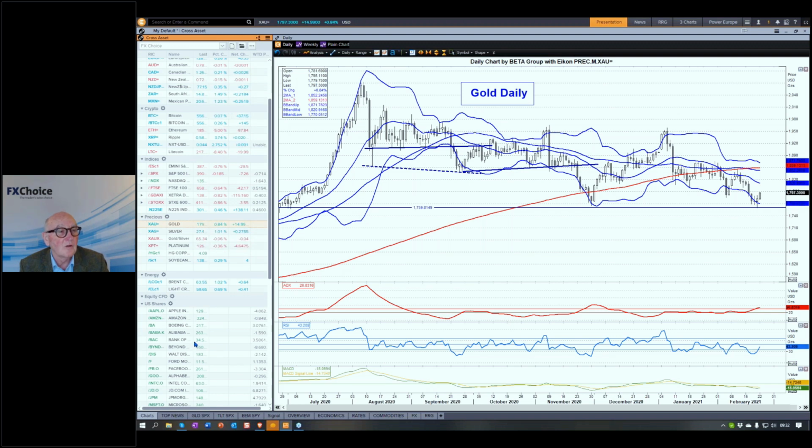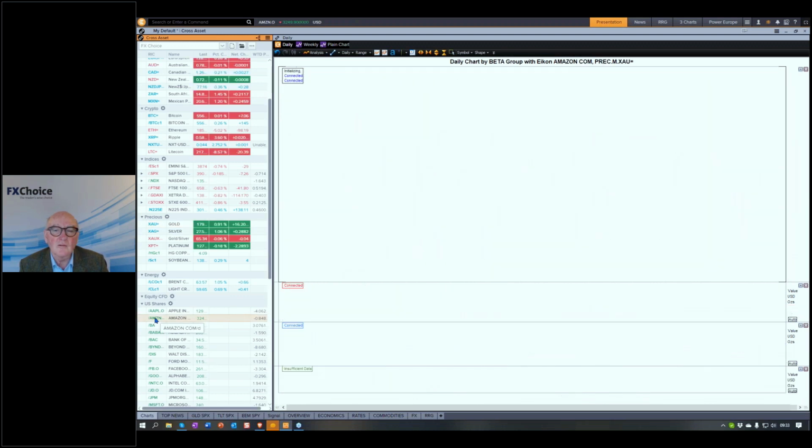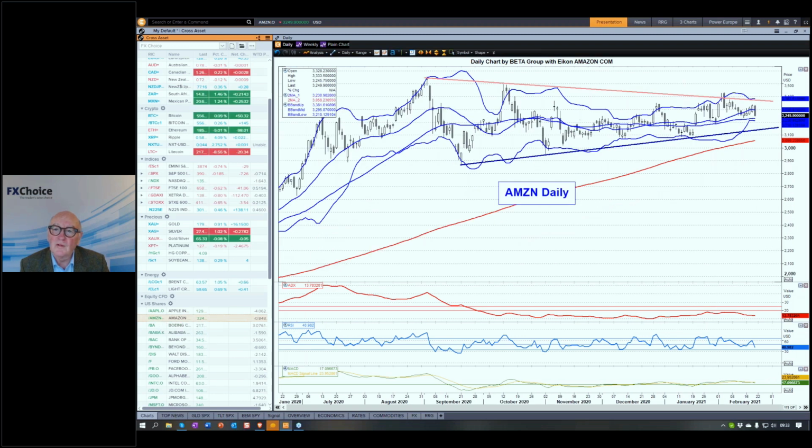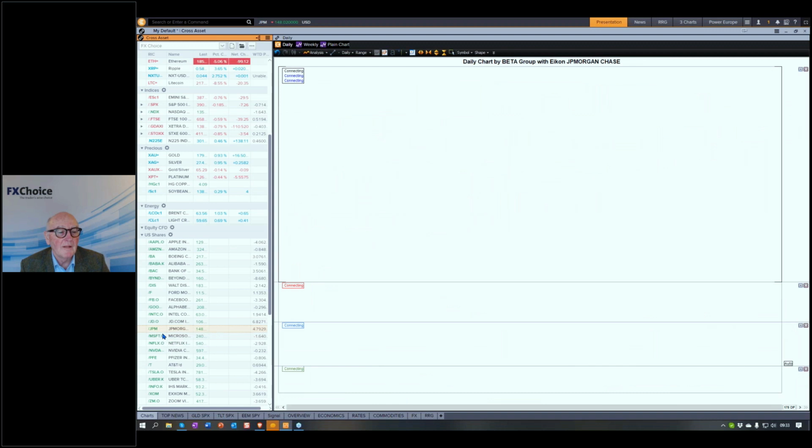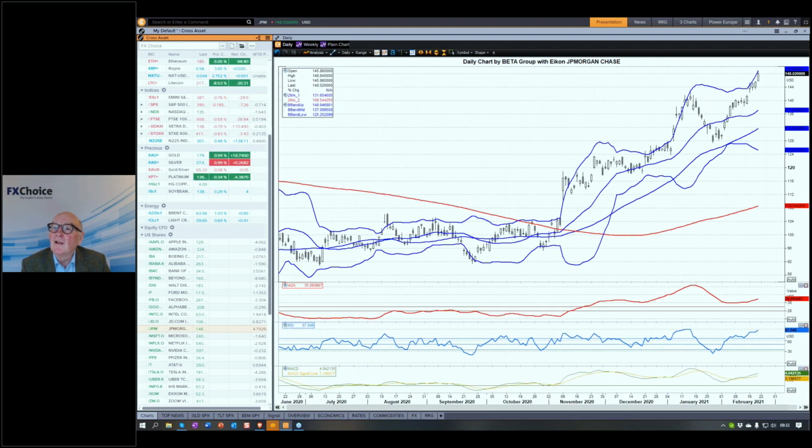So if you want to be less aggressive in the market and move your holdings out of the tech area, the danger of the tech area, some of these tech stocks like Amazon, for example, haven't gone up for a long time, and they're quite vulnerable, some of them. But look at JP Morgan, for example, a lovely bank stock that's making its break to new recent highs here.